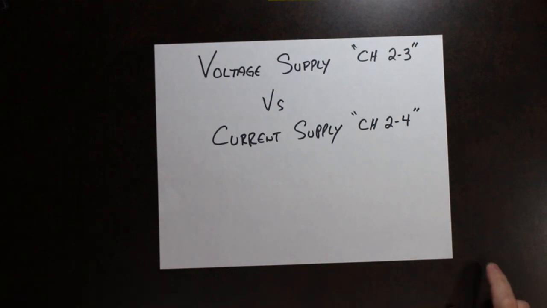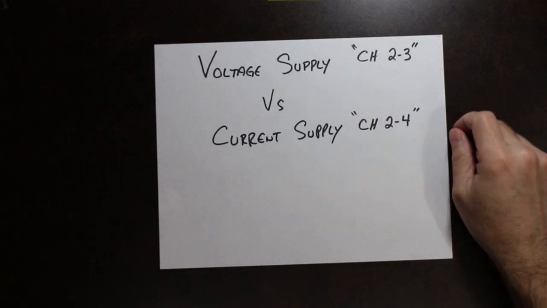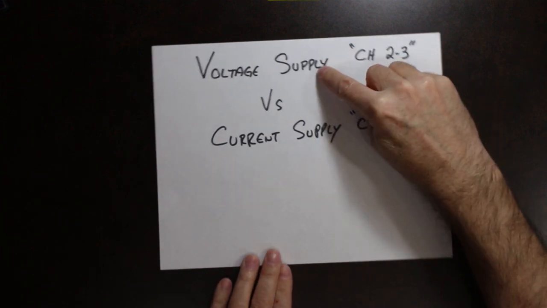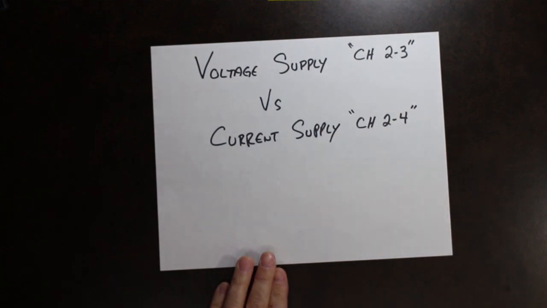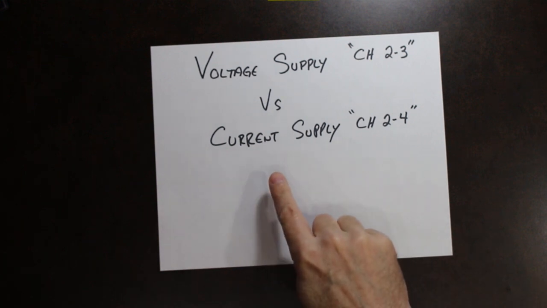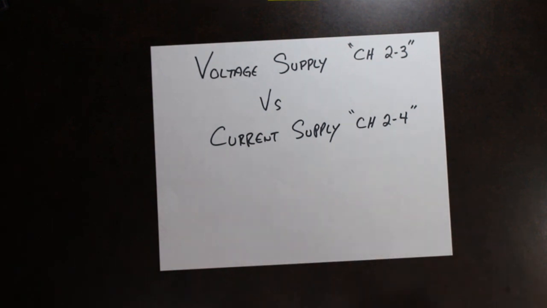In general, a voltage supply is a constant voltage being supplied to a circuit, whereas a current supply is a constant current being supplied to the circuit. In a voltage supply, the current is what changes throughout the circuit, whereas in a current supply, it's the voltage that would change depending on the change of circuit.